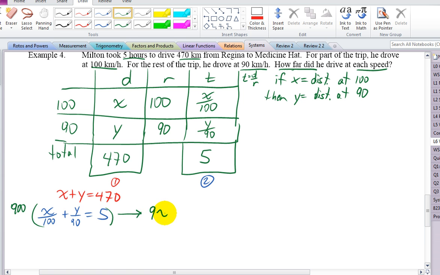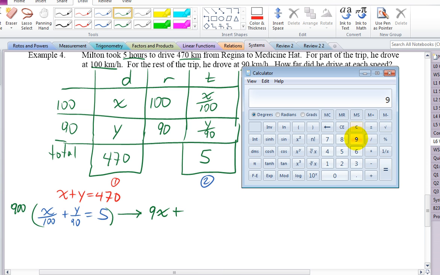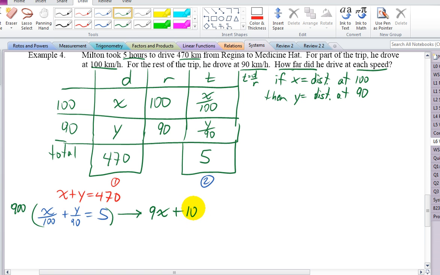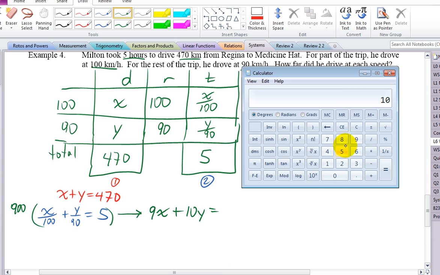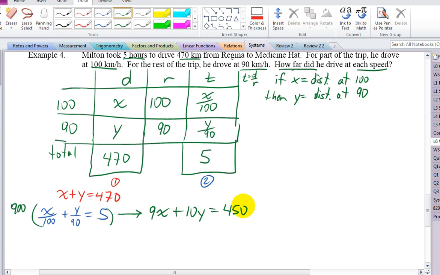So we have 9x plus 900 divided by 90, 10. 10y. That's easy. What's 900 times 5? 4,500. Okay. Fractions are gone, folks.